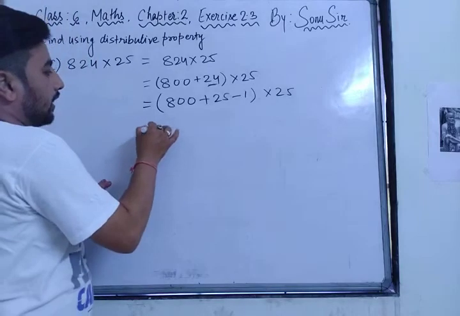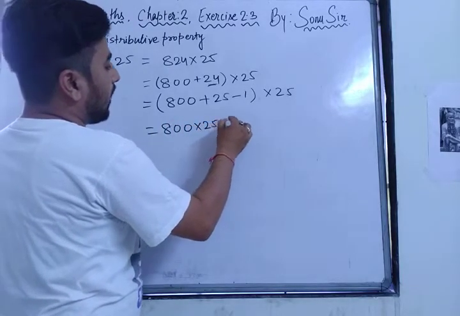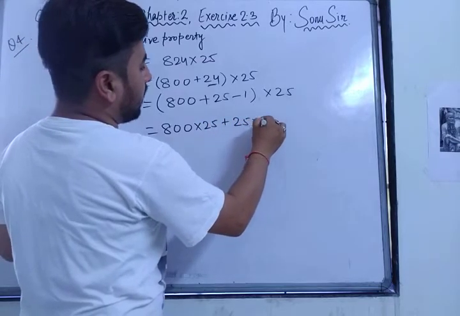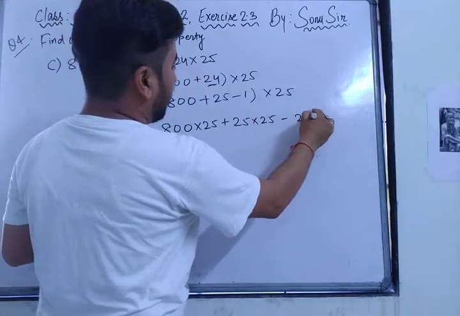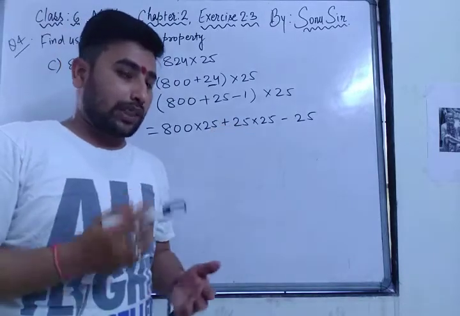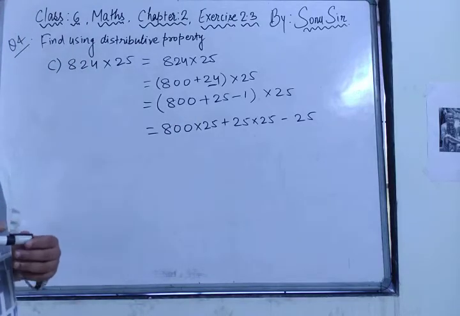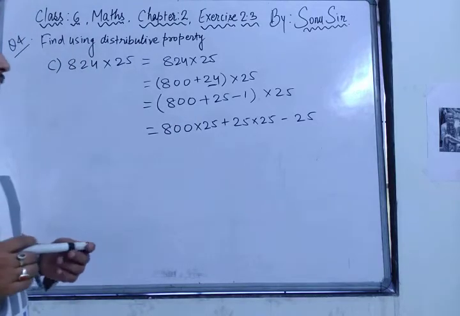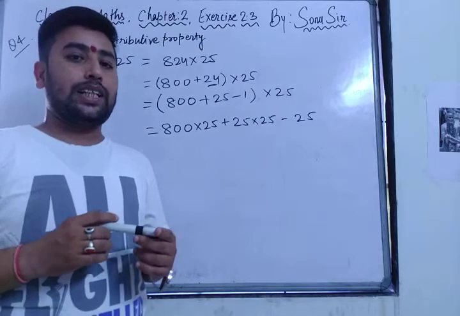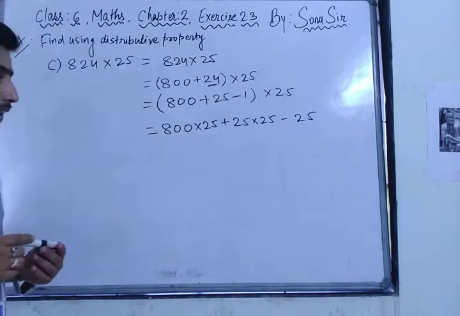Why? See here, now 800 into 25 plus 25 into 25 minus 25. Why have I done this? Because all of us know 25 into 25 is 625, and 25, 4 is 100, and 25, 8 is 200. So 200 plus 00 means 20,000.